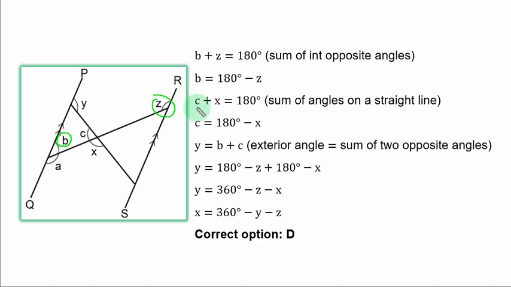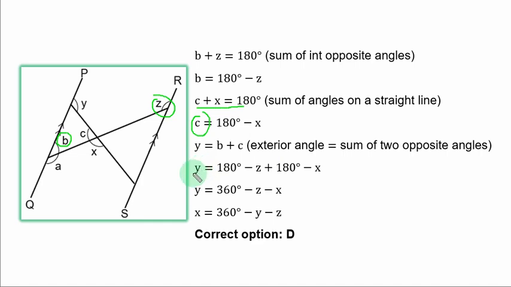Again, C plus S equal to 180 degrees, sum of angles on a straight line. In order for C to be deleted, you have to make it the subject. Now Y is equal to B plus C, exterior angle equal to sum of two opposite interior angles.